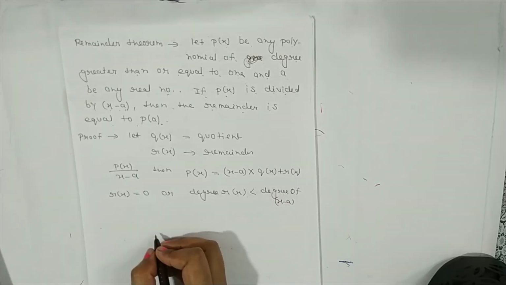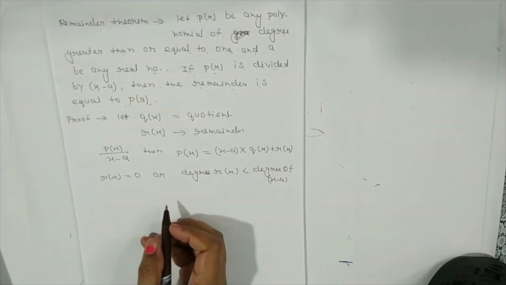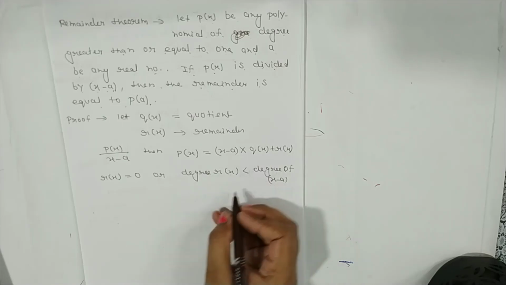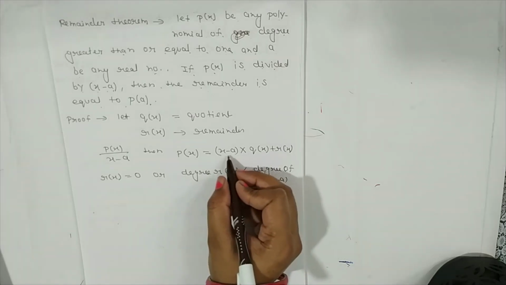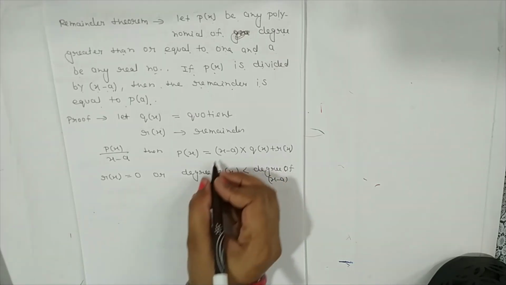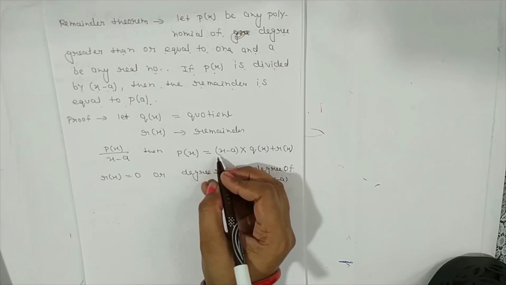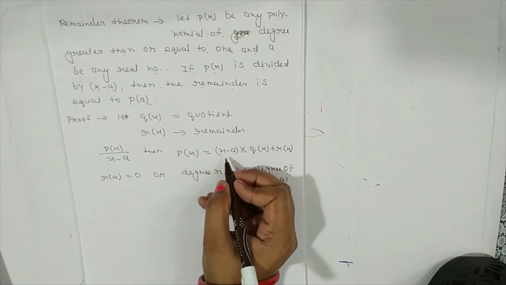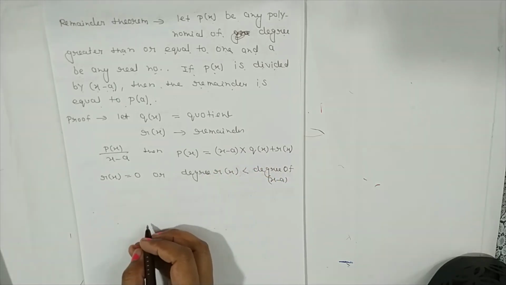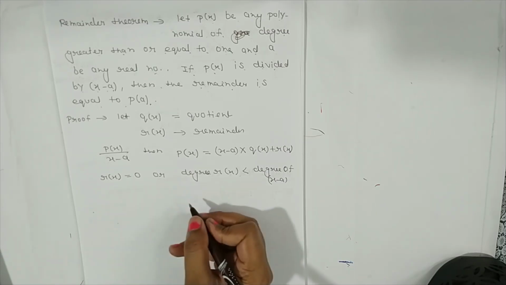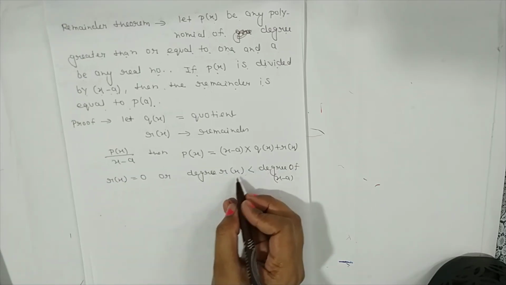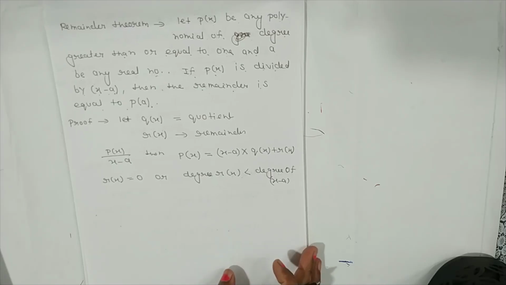Now the degree of this divisor is 1, and a polynomial of degree less than 1 is a constant. It means r of x will not depend on x.